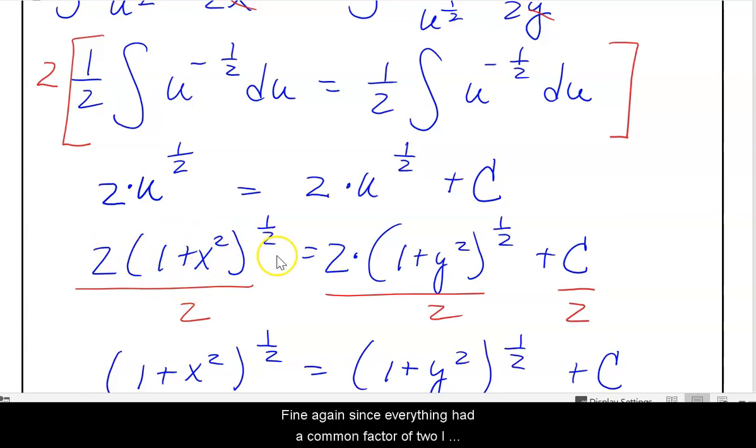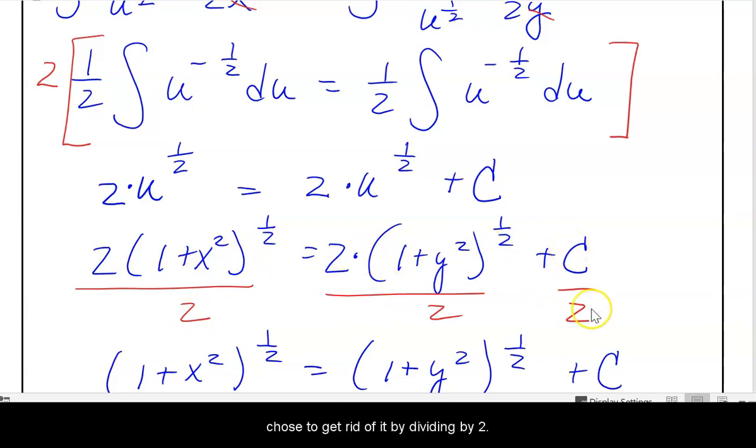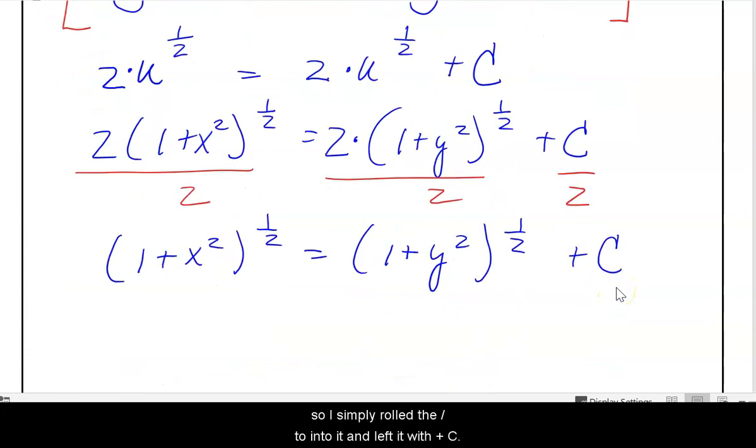And again, since everything had a common factor of 2, I chose to get rid of it by dividing by 2. That means that this c divided by 2 is, of course, still a constant. So I simply rolled the divided by 2 into it and left it with plus c. This is an implicit solution to the equation.